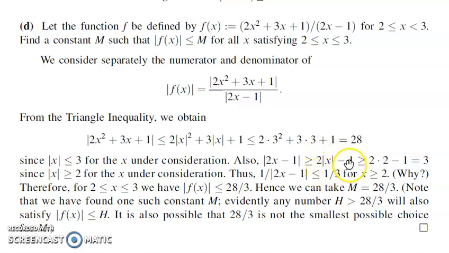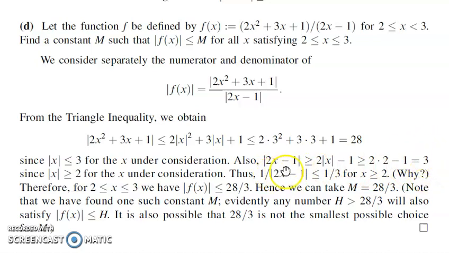So we have to find the minimum of this. In order to find the minimum, we substitute the minimum value, which is 2. What we get is 2 into 2, which is 4, minus 1, which is 3. So modulus of 2x minus 1 is greater than 3.